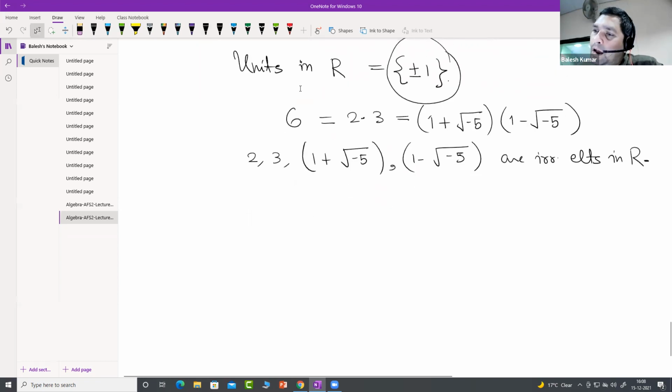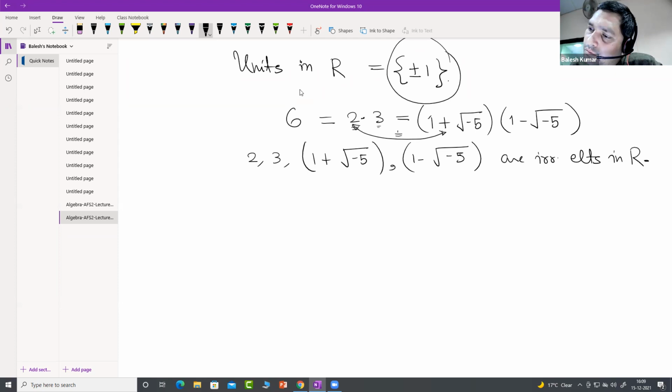Now the associates of 2 are +2 and -2, and similarly the associates of 3 are +3 and -3. One can check that 2 is not equal to 1 plus square root of -5 or 1 minus square root of -5.